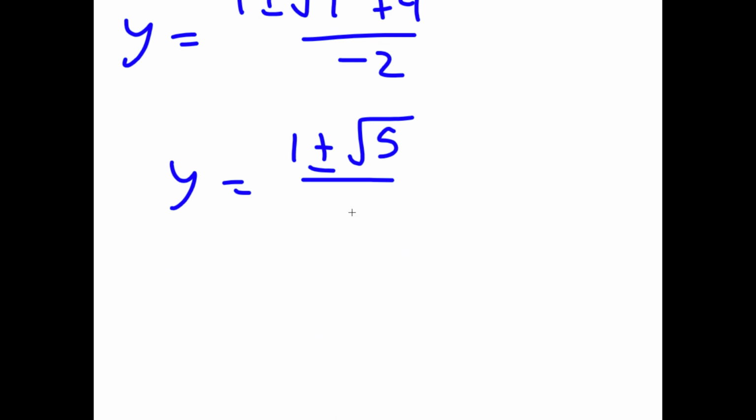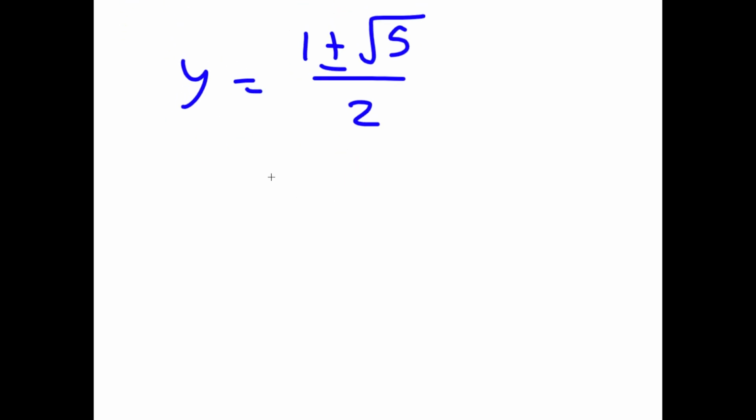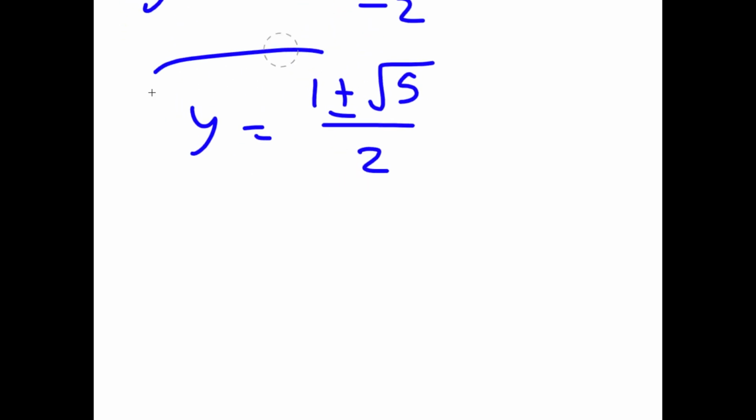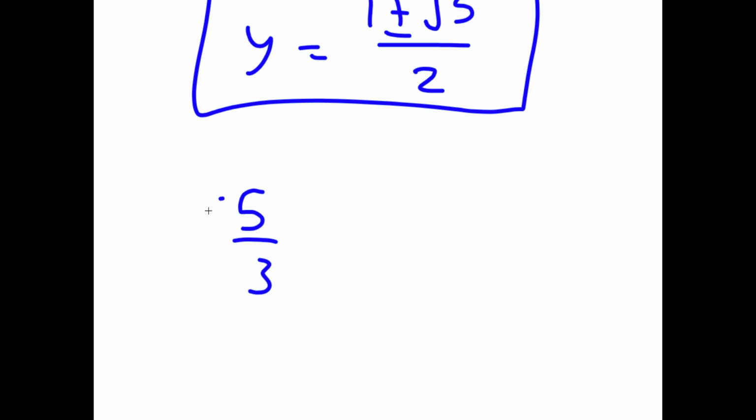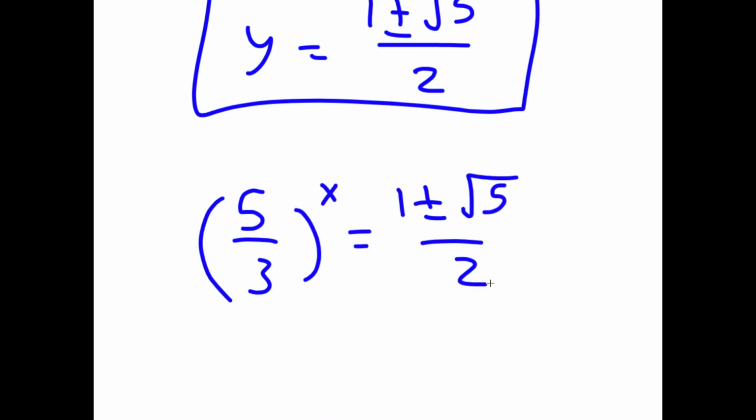I'm sorry, this will actually be just a regular 2. So now that I have my value for y, remember how I said (5 over 3) to the power of x equals y. So now I have (5 over 3) to the power of x is equal to (1 plus or minus the square root of 5) over 2.